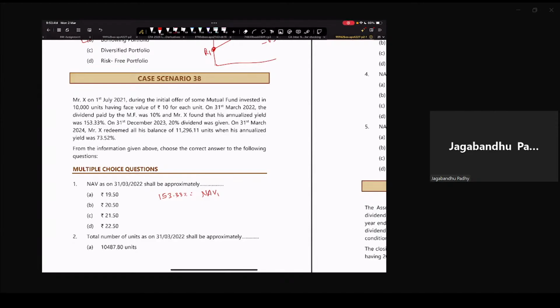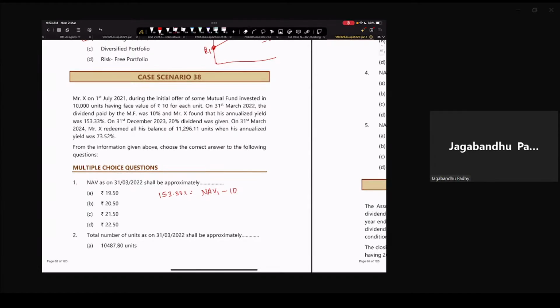So let me take it as NAV1 minus the opening NAV, which is of course 10, and then on that, you have also paid a dividend of 10%. So plus a dividend of 10%, which means for every unit, it's going to be 1 upon 10.